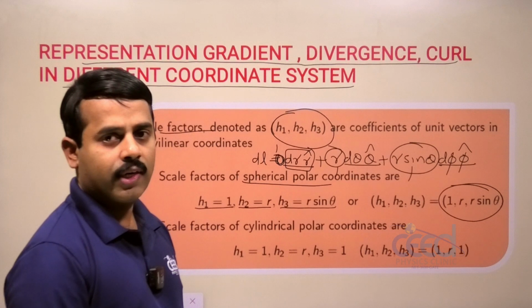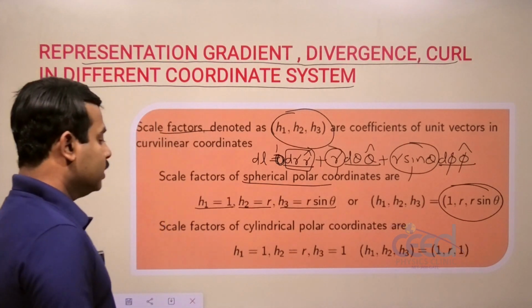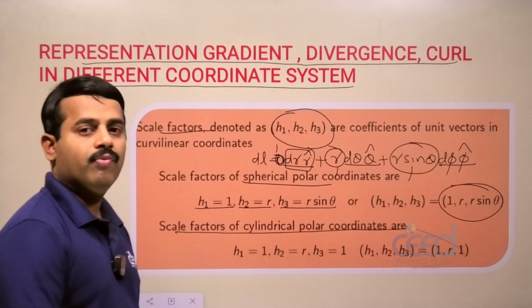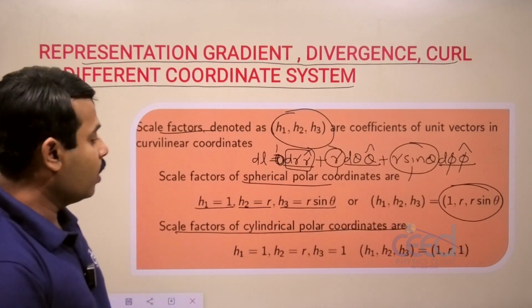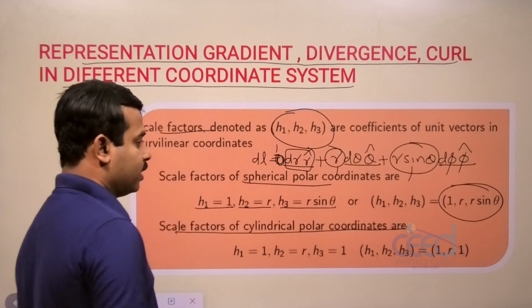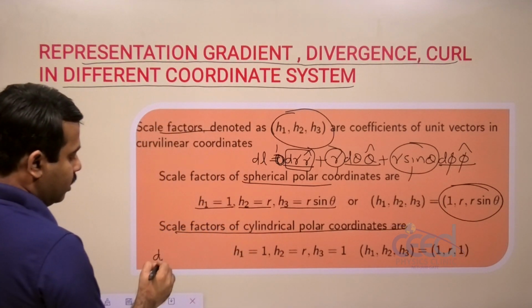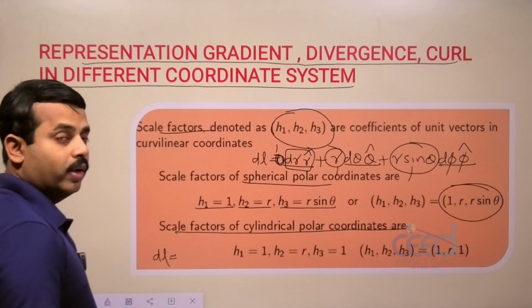Now the scale factors in cylindrical polar coordinates, how do we define them? How do we represent the length element in cylindrical polar coordinates?